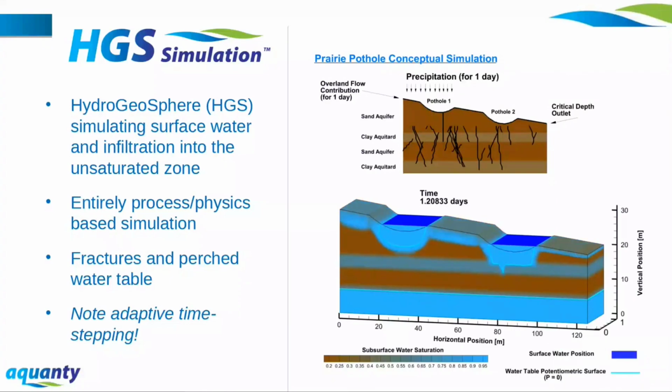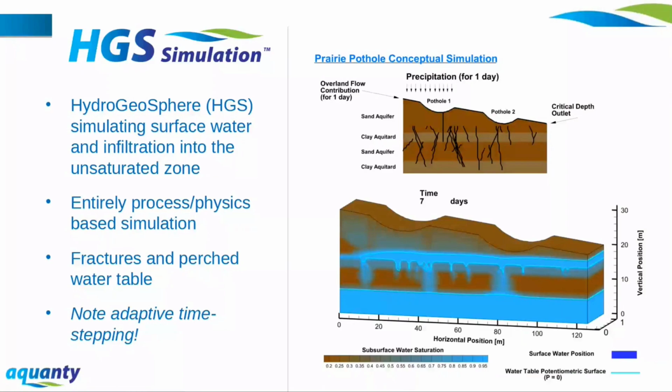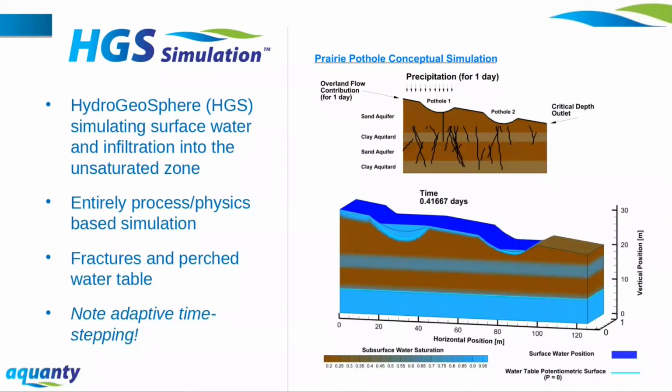At the bottom, you can see the groundwater table. You can see a perched water table forming, and then through fractures, there's infiltration. You can run HydroGeoSphere at a much larger scale too, but you can also run it at this very small scale. This is actually true for a lot of climate models too. You can run them at much higher resolution in principle, but it's just computationally very expensive.